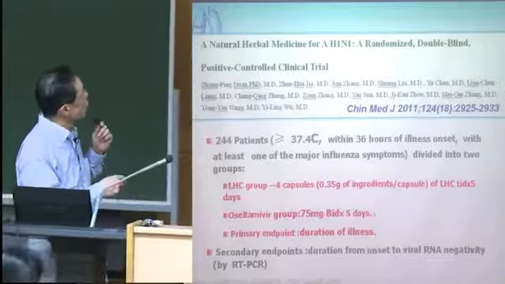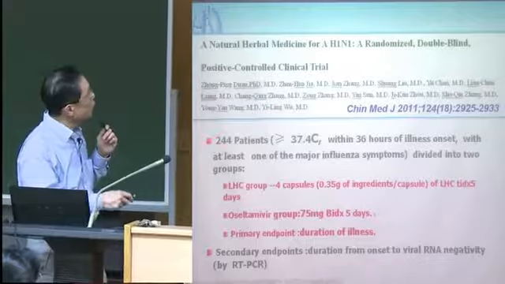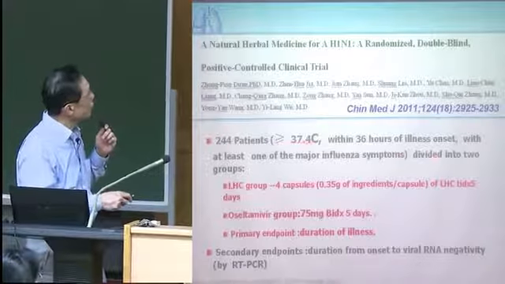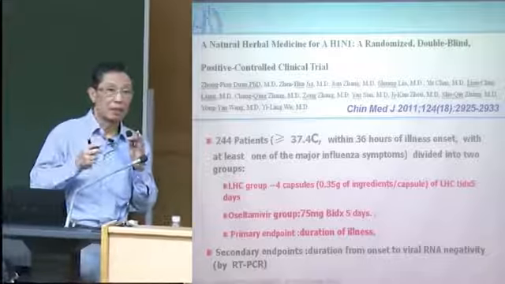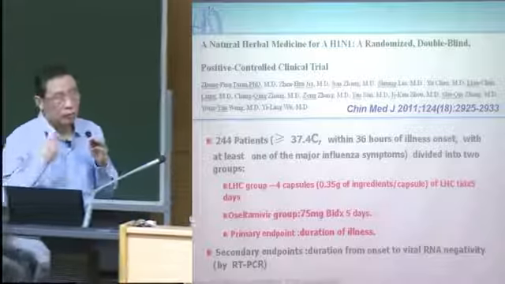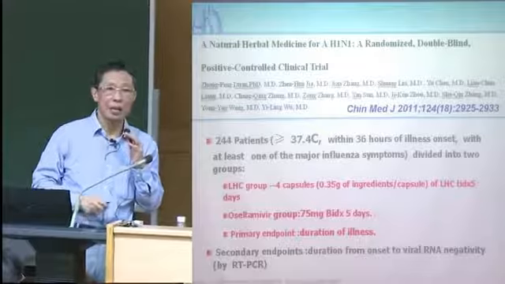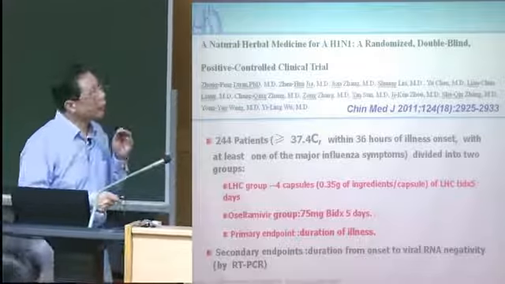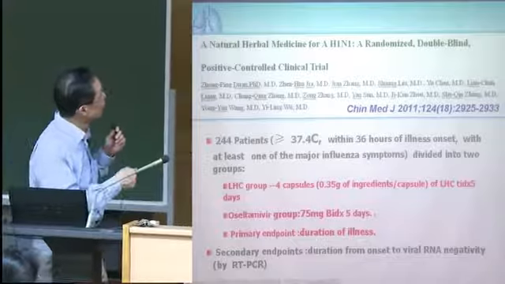They got 244 patients with typical H1N1 infection. They examined the throat and found by doing PCR to detect H1N1 virus that it's positive, to prove it is really the case.